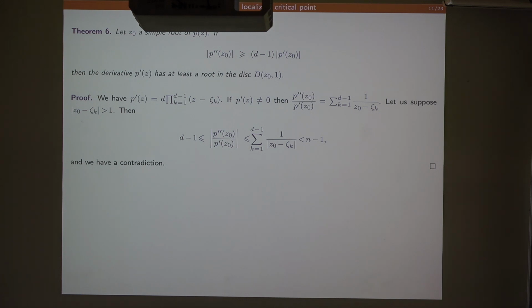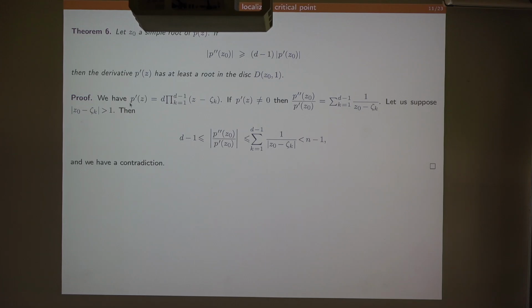It's very simple to prove this conjecture by mathematical contradiction. You write the expression of the derivative. Sorry, perhaps I didn't say that the univariate polynomial is monic. That is to say, the coefficient of Z to the d is 1. It's a monic polynomial.